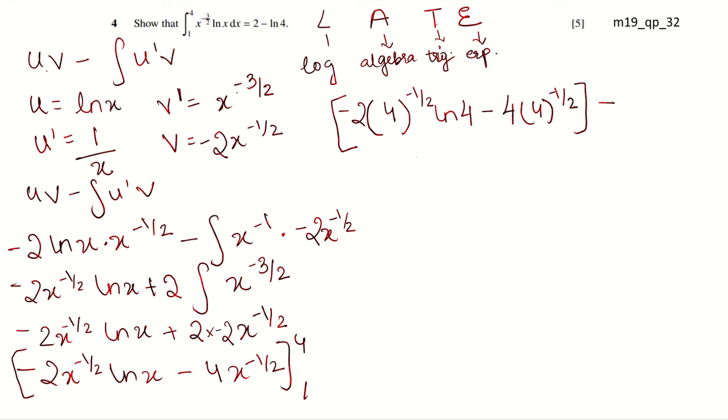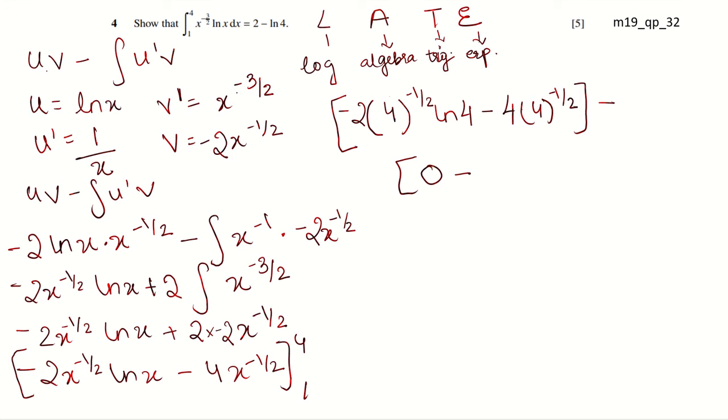Okay, so basically we know that if I put 1 inside ln, if x is 1, ln 1 is equal to 0. So I'm just going to write 0 over here directly.